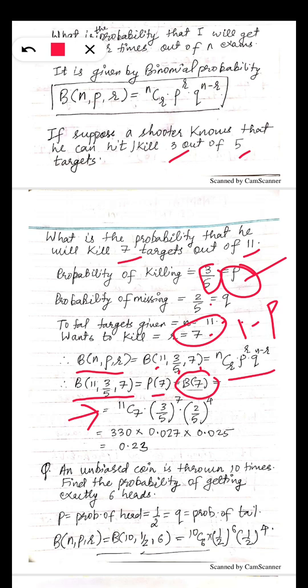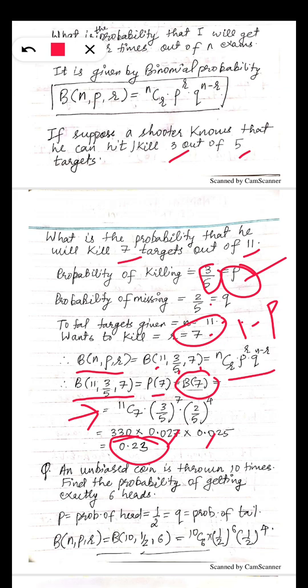So this is 11C7. I'm just putting the values of N, R, P and Q in this. So calculate this. 11C7 is 330. 3 by 5 raised to 7 is this. Just multiply this, you get this much. So the probability that the shooter is going to kill 7 out of 11 is very less, closer to 0, 0.23, which is very less.